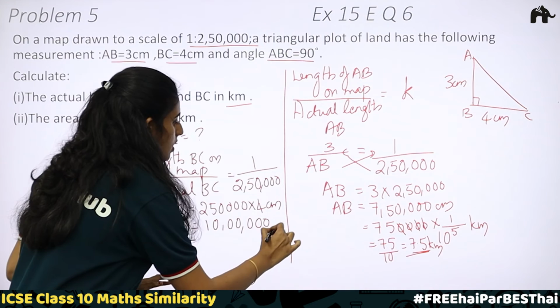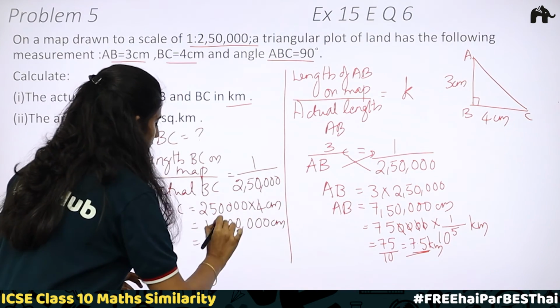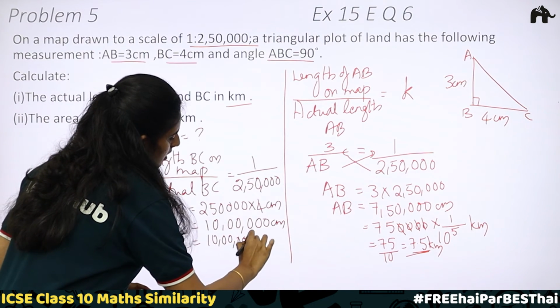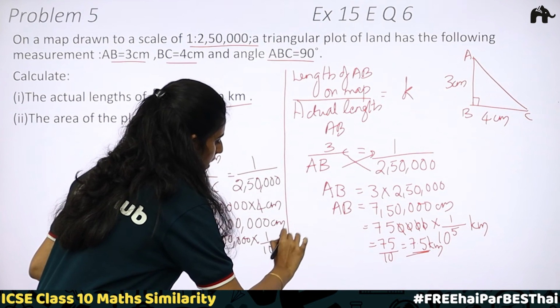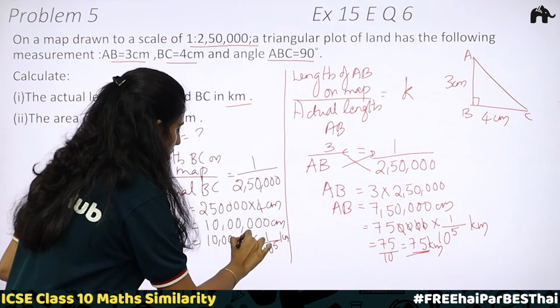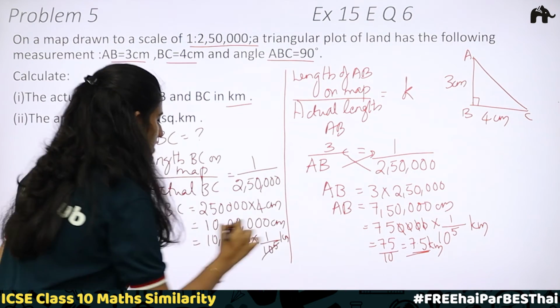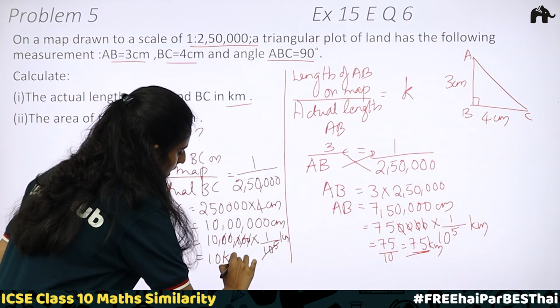Now we have to convert this 10 lakh centimeter into kilometers. How to convert? 10 lakh into 1 by 10 raised to 5 kilometer. 10 raised to 5 has 5 zeros, 1, 2, 3, 4, 5. We can cancel 5 zeros, and the answer will be 10 kilometer.